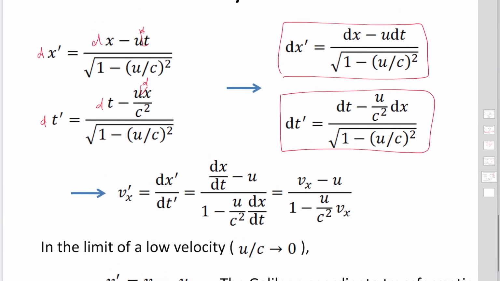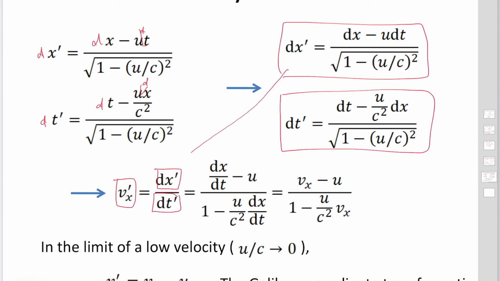Velocity is defined as the change of distance per unit time. But time has to be measured in each frame. So v sub x prime means distance has to be measured in the S prime frame, so dx prime, and time also has to be measured in the S prime frame, so you put dt prime.